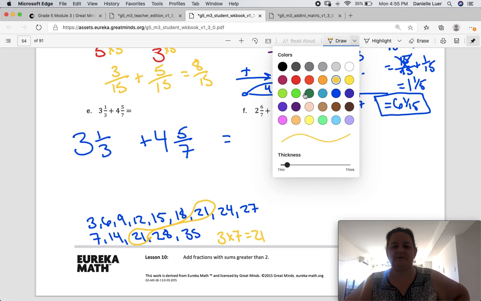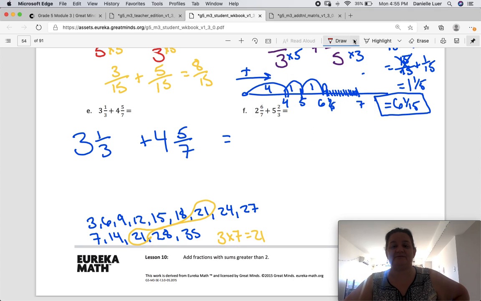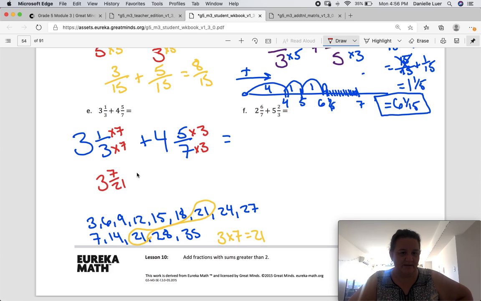But you guys will start to identify those. Okay, so in order to find that, I need to multiply this by 7 and this by 3. And my new answer will be 3 and 7/21 plus 4 and 15/21.